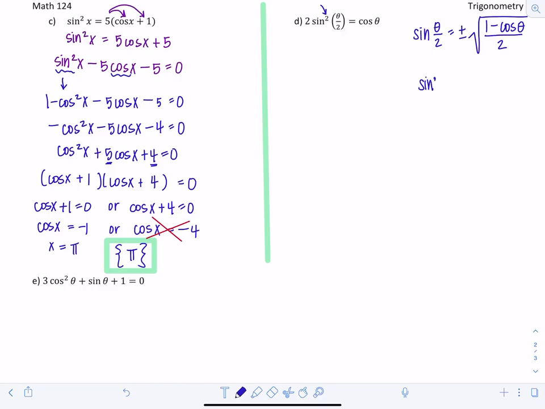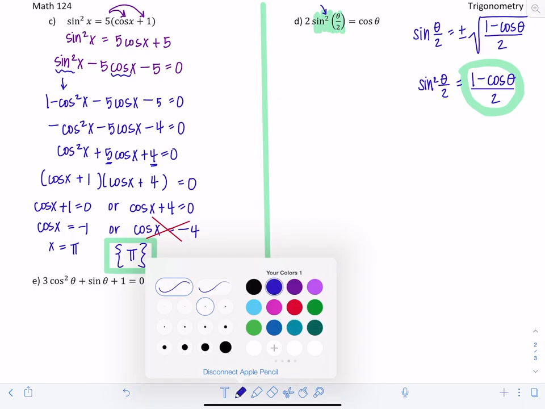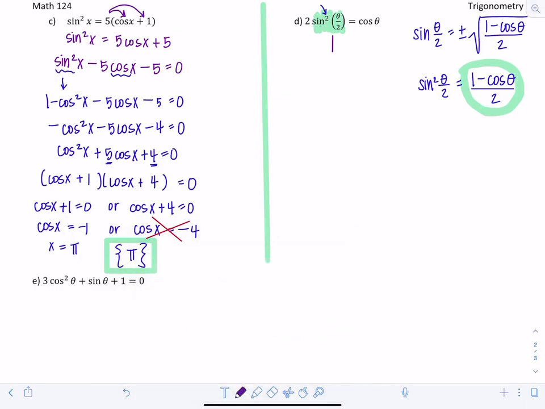So that means sine squared theta over 2, basically, you just ditch the square root now because we squared both sides. So it's 1 minus cosine theta over 2. So I'm going to substitute this expression here for the entire sine squared theta over 2 in the equation. Now watch how nice it's going to turn out. So I have 2 times 1 minus cosine theta over 2 is equal to cosine theta.